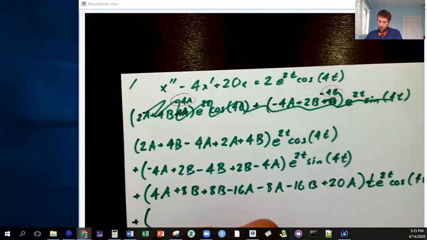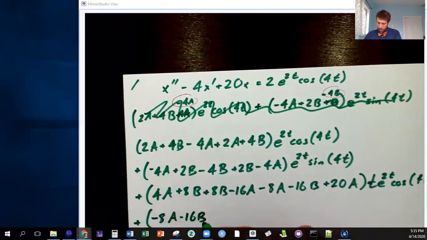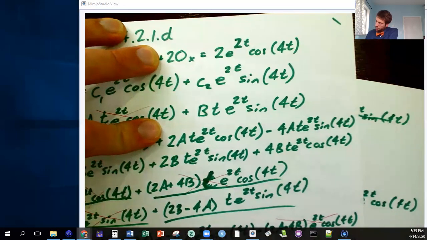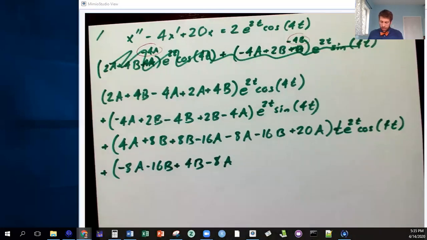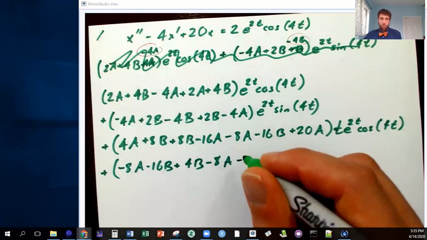Plus, what are my terms for sine? So I've got a negative 8a minus 16b, and I've got a plus 4b minus 8a. So then I've completed all my x double prime terms. And then I've got one term from x prime. It's 2b minus 4a, but multiplied by negative 4. So minus, now be really careful here when you have minuses and minuses.